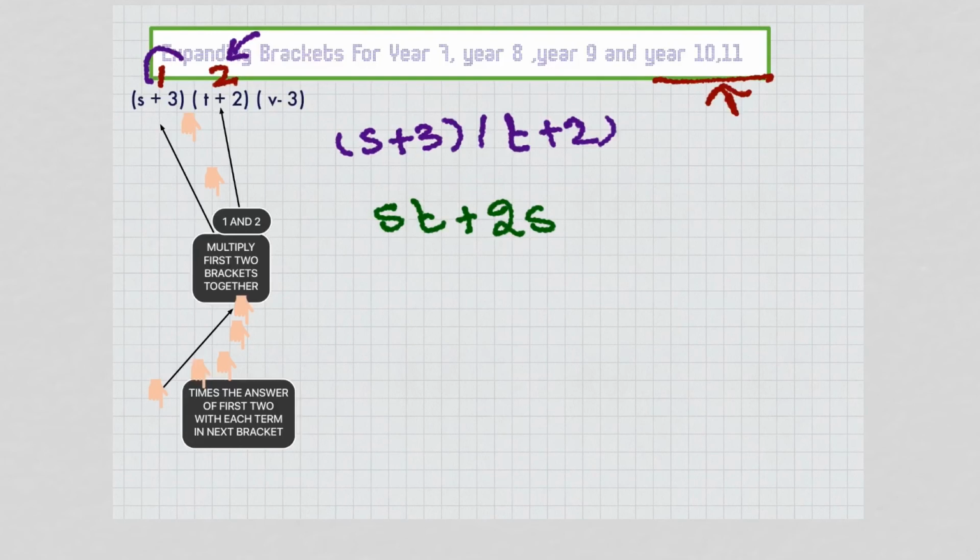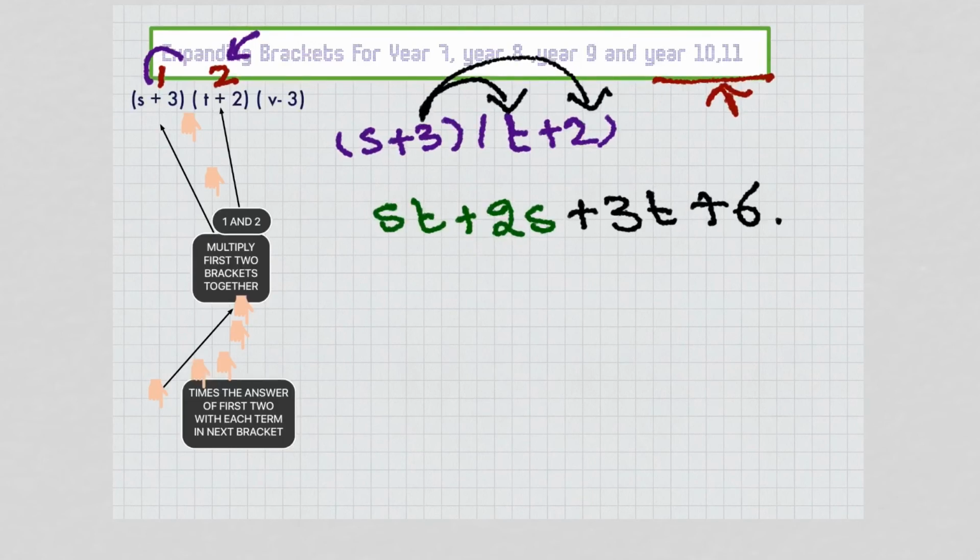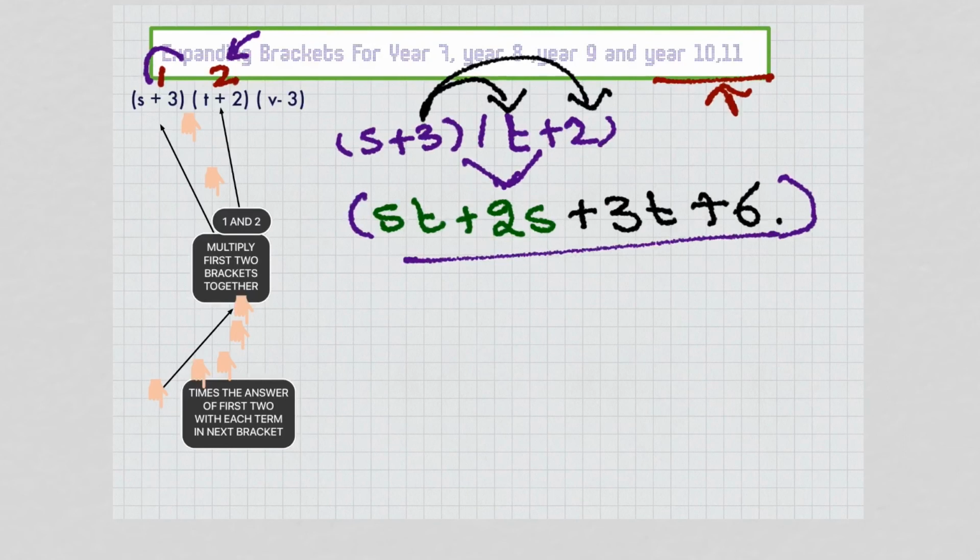Now the next one, 3 with t is plus 3t, and 3 with 2 is plus 6. Look for any like terms after that. We have no like terms in this one. So this is our answer for the first two. Now we're going to multiply this answer with the third one, which is v minus 3.